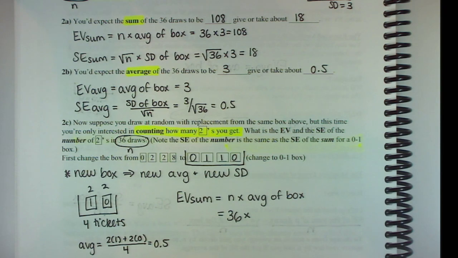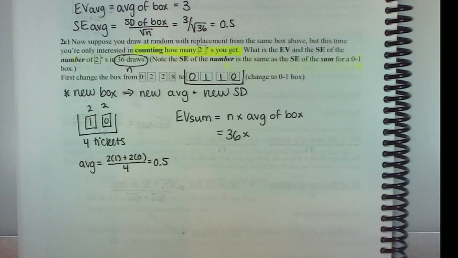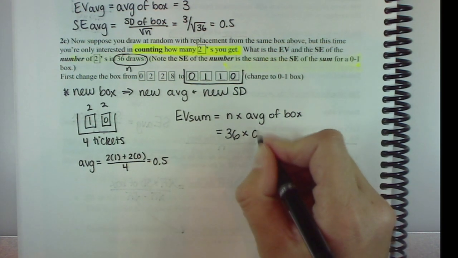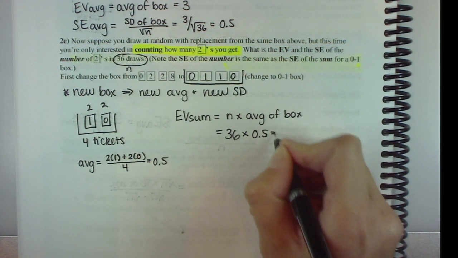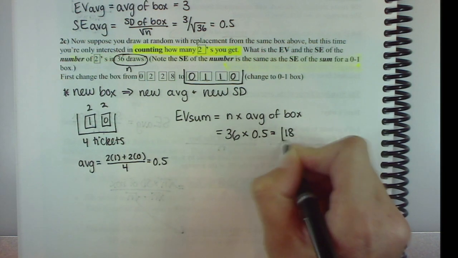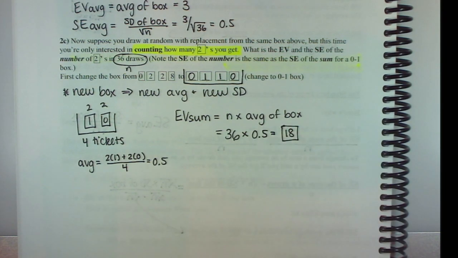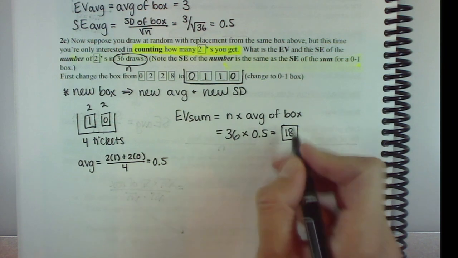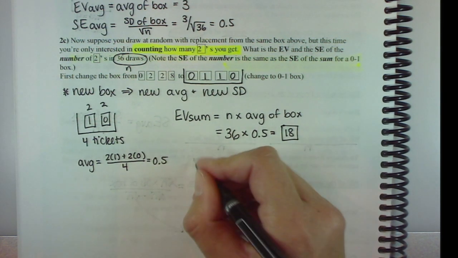So the average is 0.5. 36 times 0.5 is 18. I didn't even really need a formula for that, right? If there's a 50% chance of getting a 2, if I draw 36 times, I should get half 2s. But the formula always helps, just to double check. So I'd expect to get 18 2s, give or take.